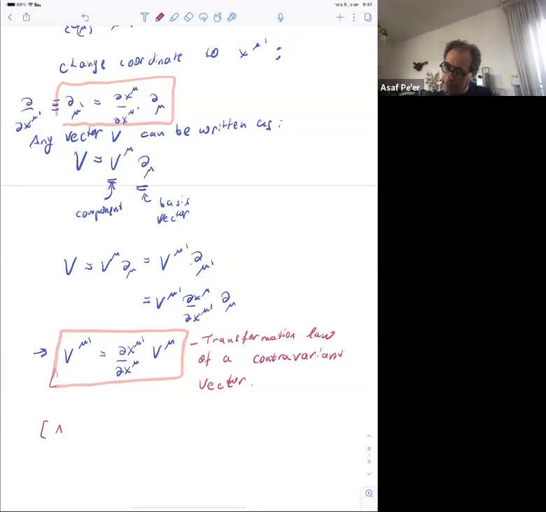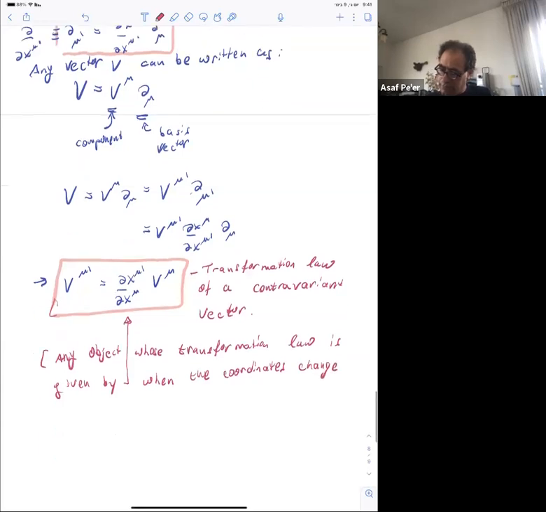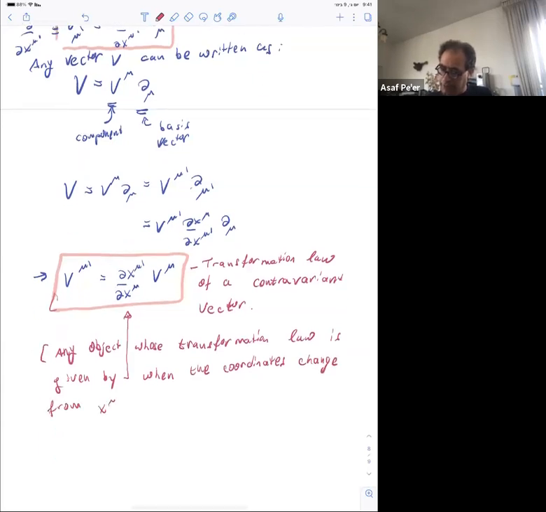Any object whose transformation law is given by this equation when the coordinates change from x^μ to x^μ' is called a contravariant vector.